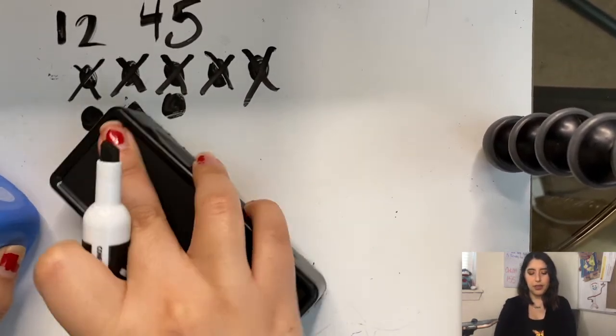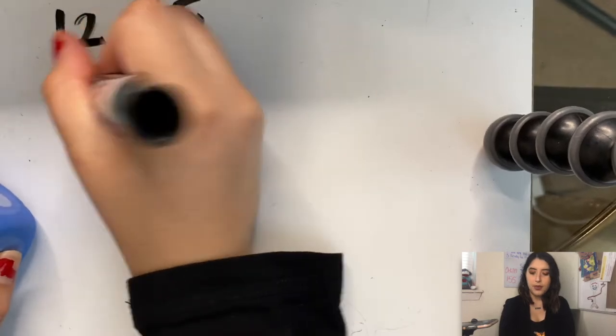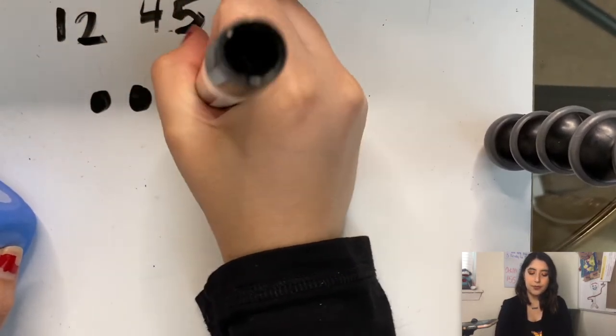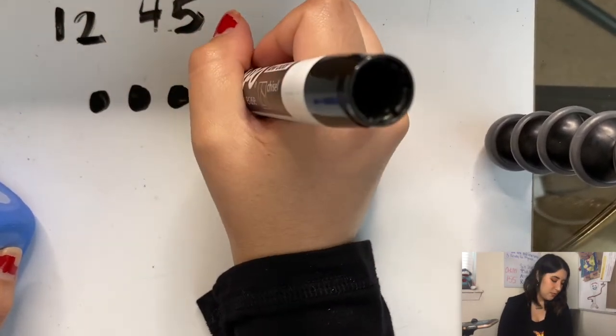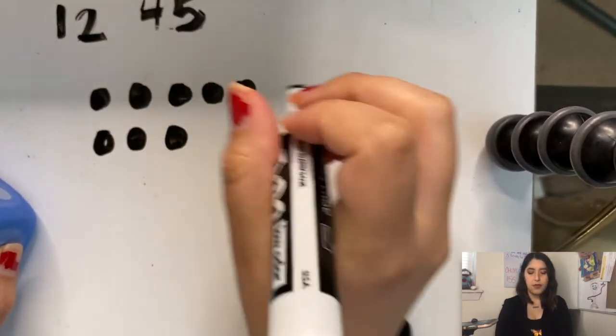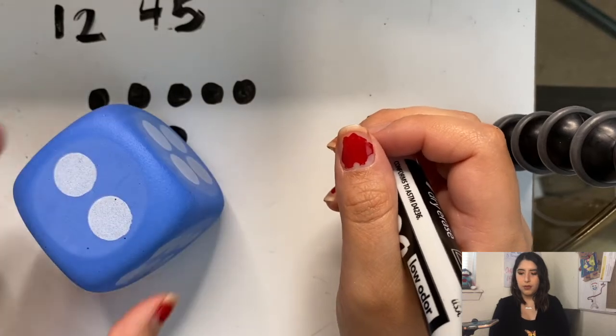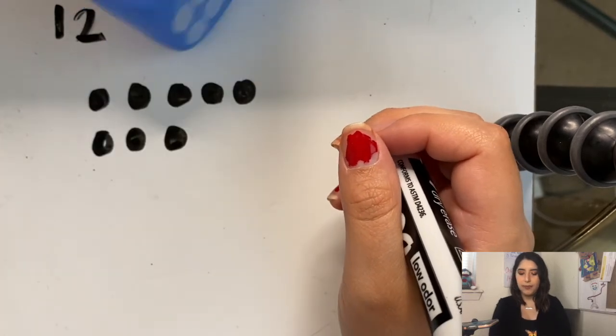Erase all of this. Let's do our dots again. Rolling the dice. We've done 2 already.